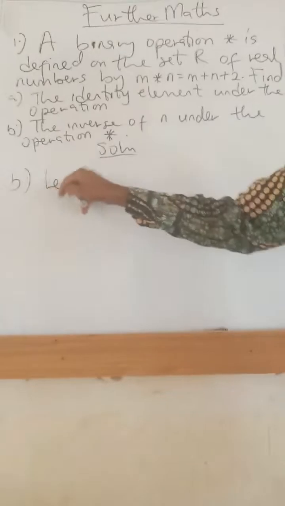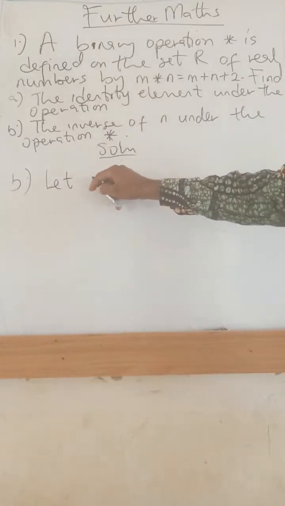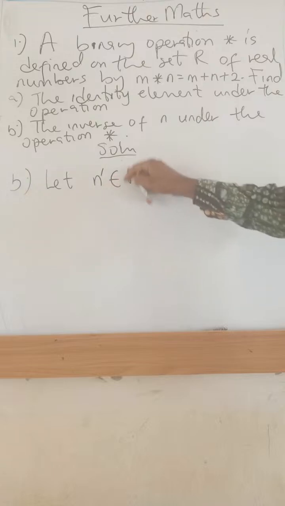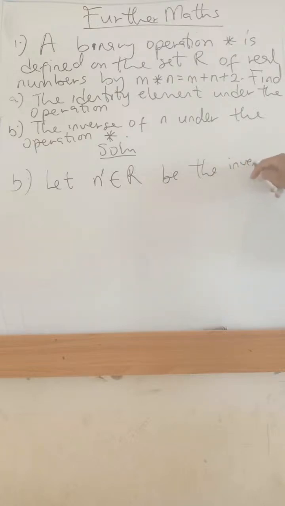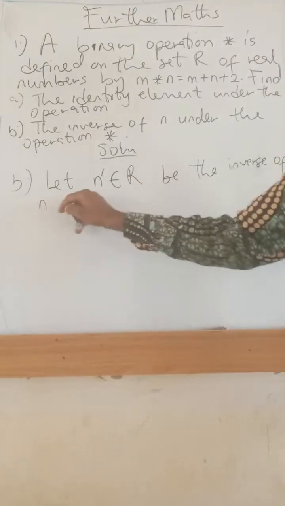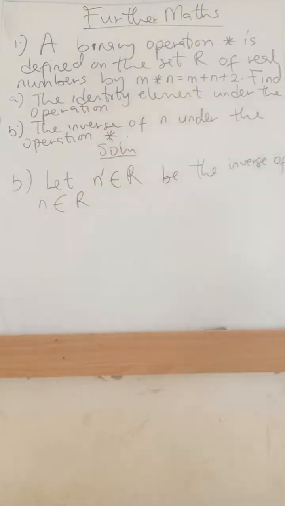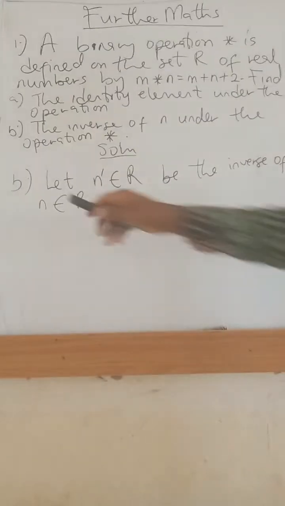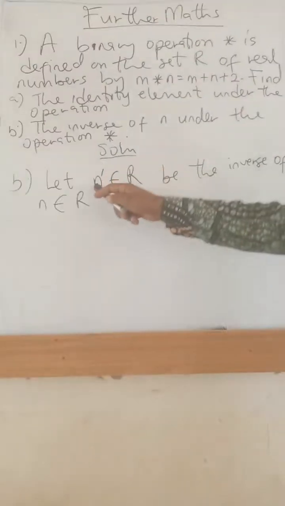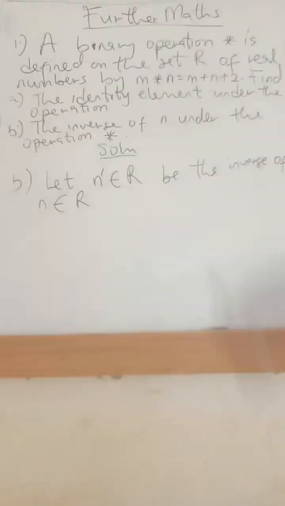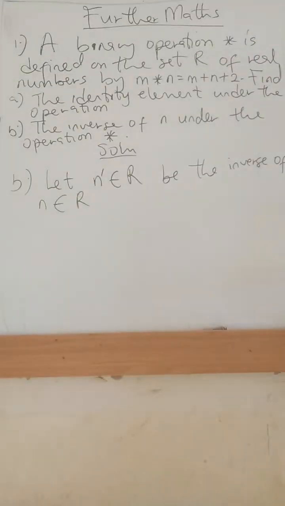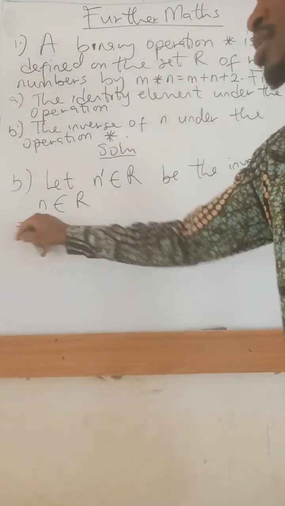I can still say let n prime, an element of R, be the inverse of the element n, which is equally an element of R. That means n is a real number, and so its inverse should also be a real number for such an operation to be true.